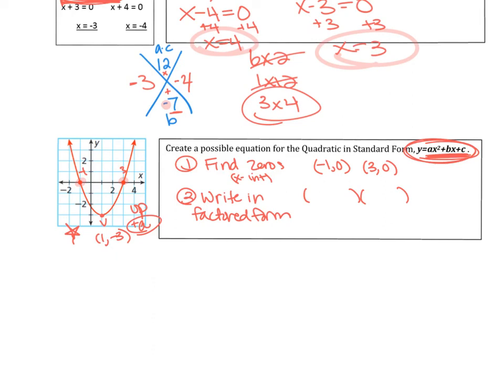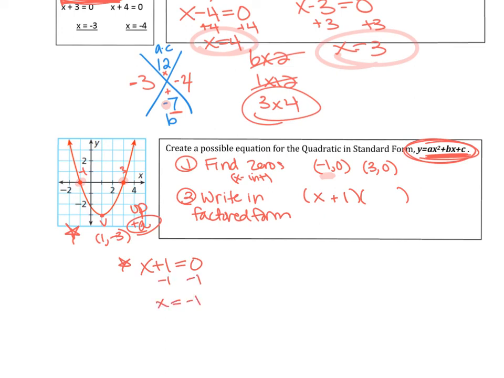Here's my question. If the zero or x-intercept was at -1, what does that mean the factor had to be? Hopefully you say x plus 1. The reason is, if I were to go over here to the side and do x plus 1 equals 0, when I solve that, I get -1 as my zero or x-intercept.